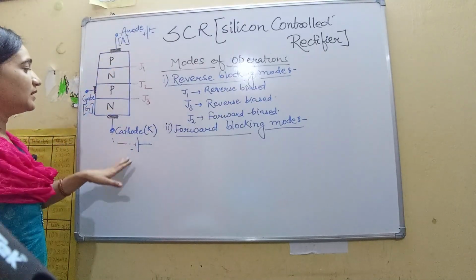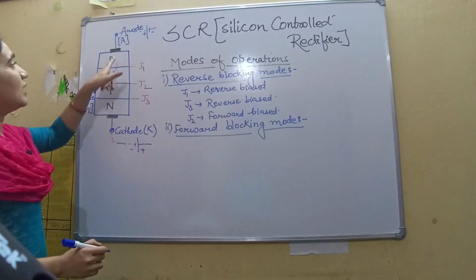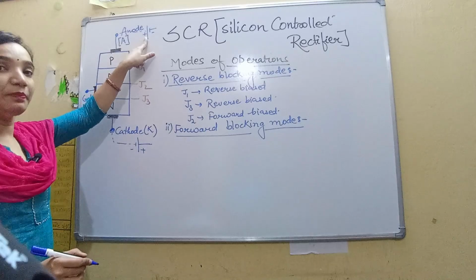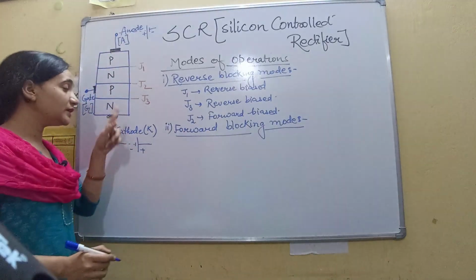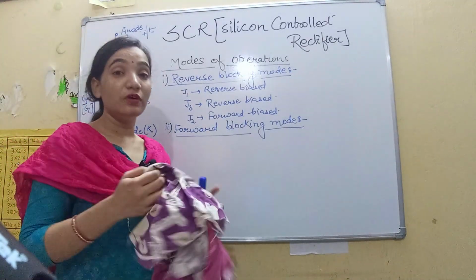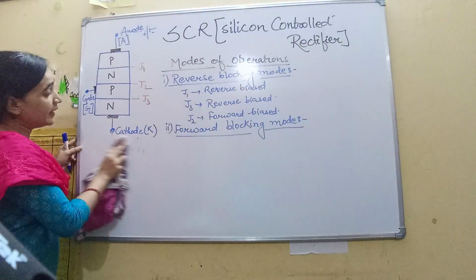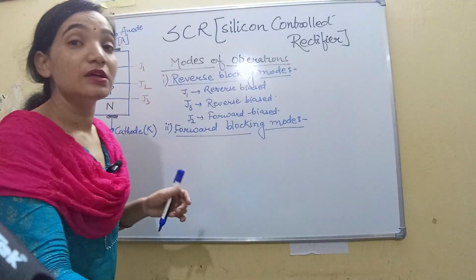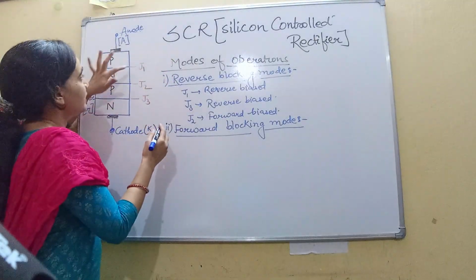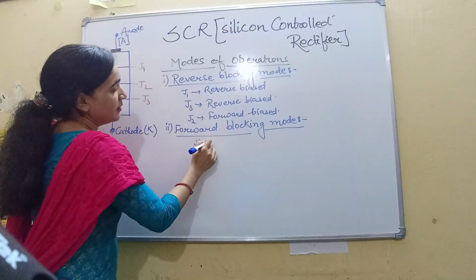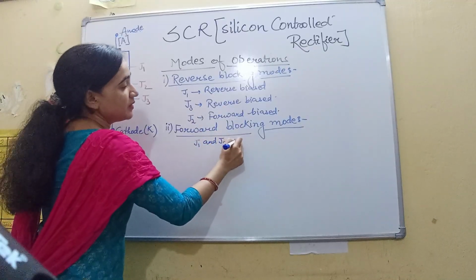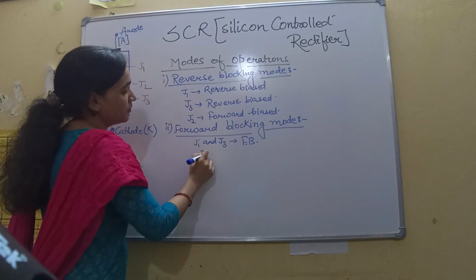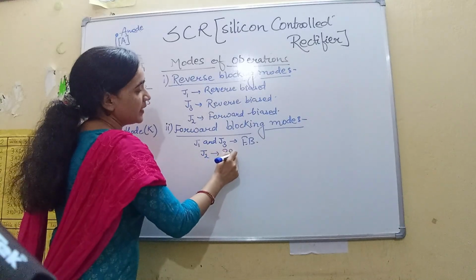So here the P type semiconductor is connected to the positive side, and the N type semiconductor is connected to the negative side, which means our anode and cathode are connected in forward bias mode. So J1 and J3 will be in forward bias, and J2 will be in reverse bias.